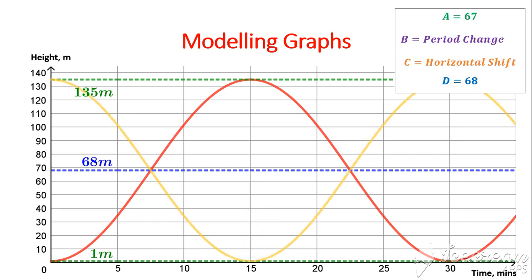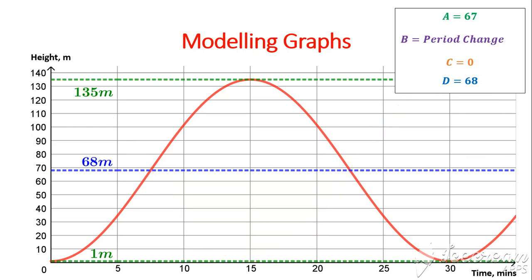Right, now this here is our normal cosine, this bit in light orange, and it is a normal cosine that starts at its maximum. We are going to flip it upside down and treat it as a negative cosine, and we're not going to shift it anywhere sideways. So therefore there's no horizontal shift, so C is 0.